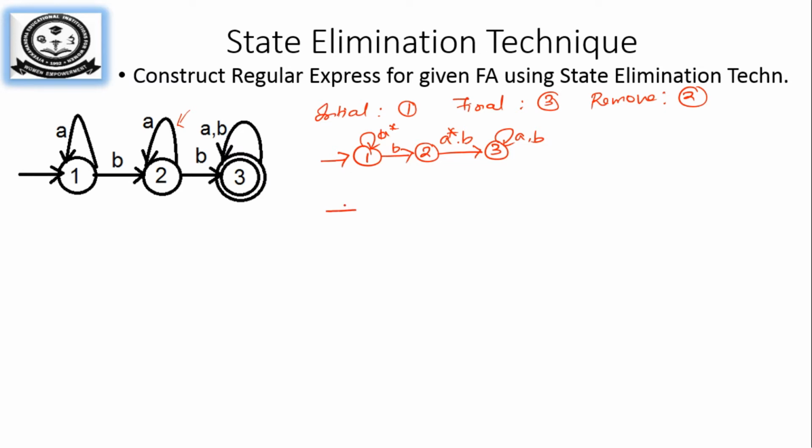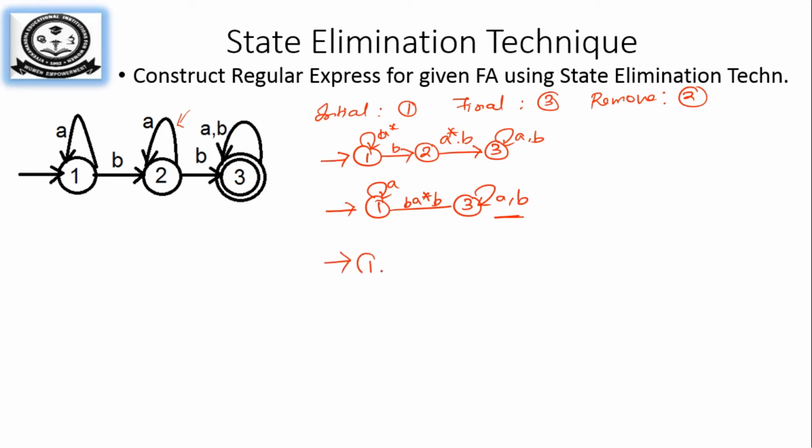So you will have 1 and 3, with A comma B here, and a self transition A here. So you will have B A star B. Now this is concatenated. Now we will try to remove the self transition of 3.